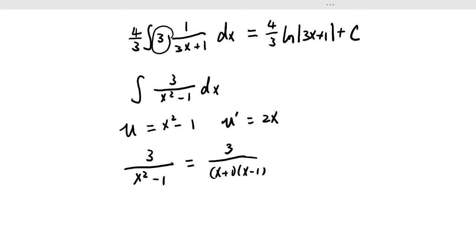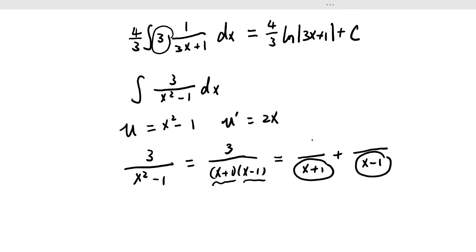After factoring, we can rewrite this fraction into two fractions because I have two factors. One is x plus 1, one is x minus 1. This is a linear function, and this is a linear function. We can assign a, which is a constant number, and a b. So now this is a partial fraction problem you learned from pre-calculus.